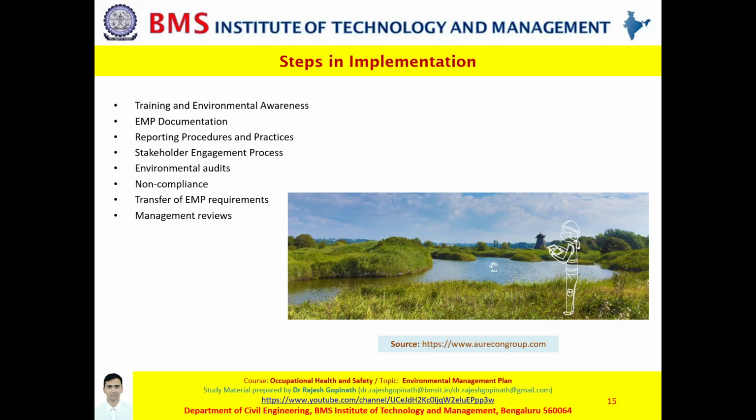Every stakeholder who is connected has to be trained and made aware of the environmental aspects. Only then will you be working in a holistic approach. We also need to understand document handling, because if you do not stipulate the document handling and control system, then the entire EMP documentation process will collapse.